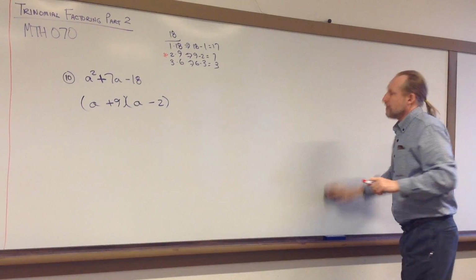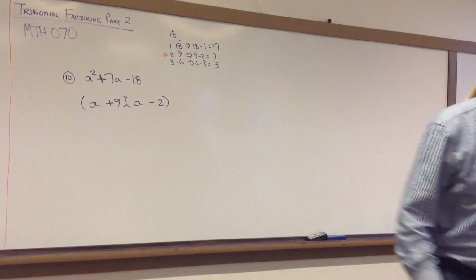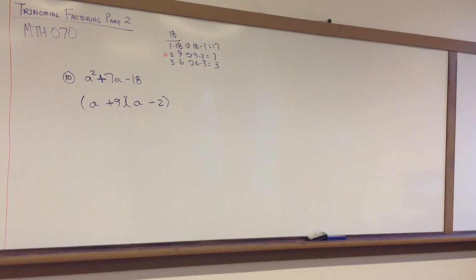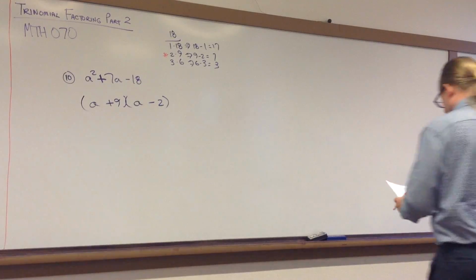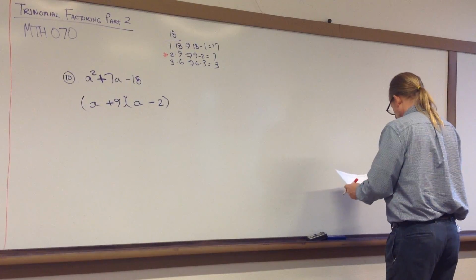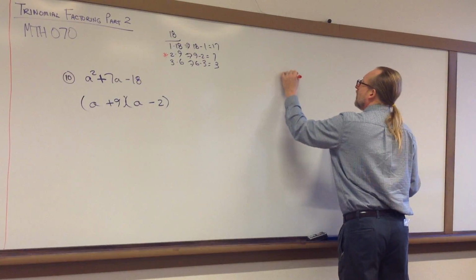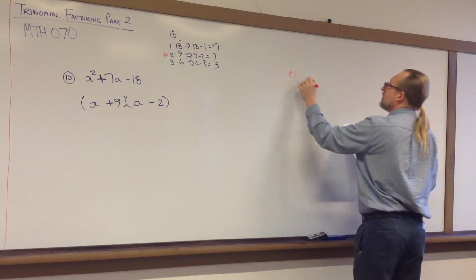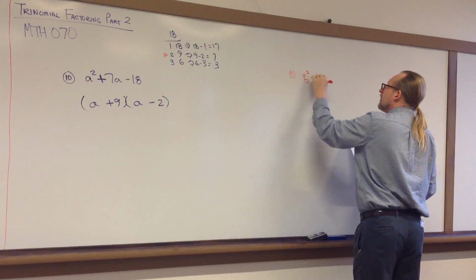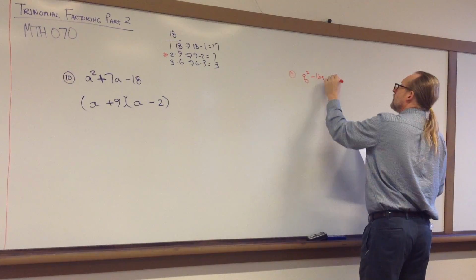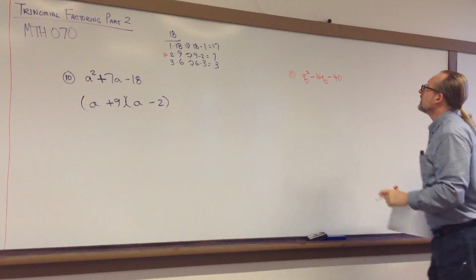Okay, well, let's see what else we've got here. Problem 14. What do we have here? Q squared minus 16Q minus 40.